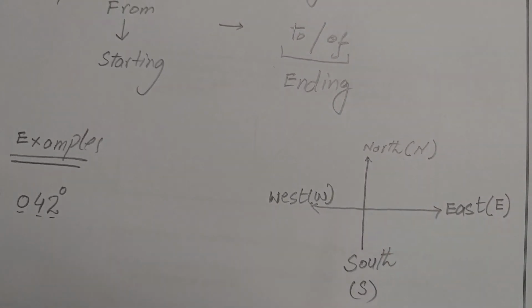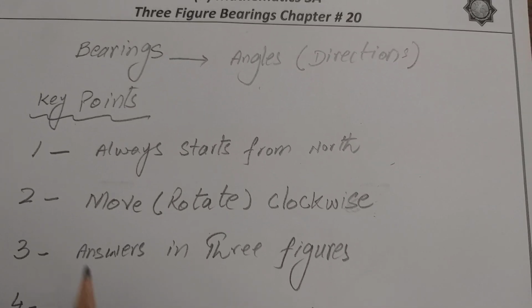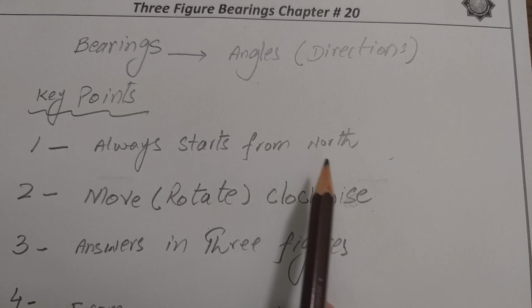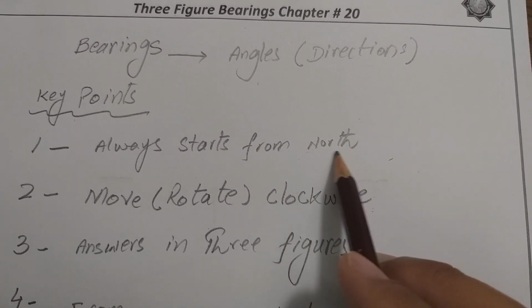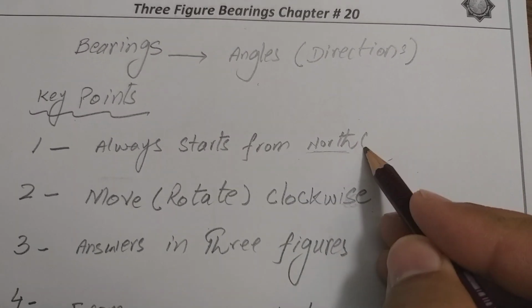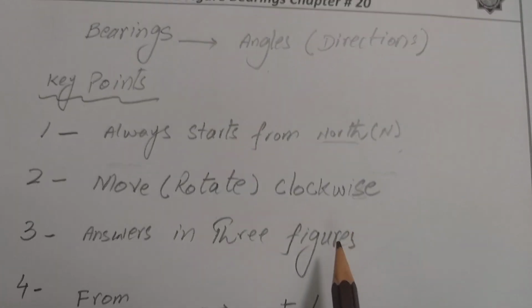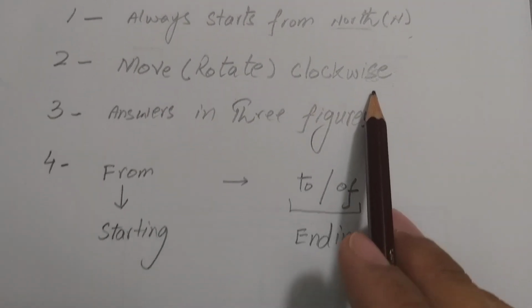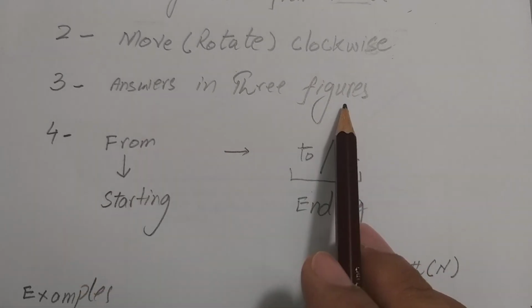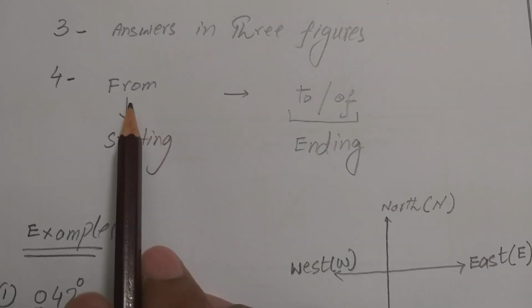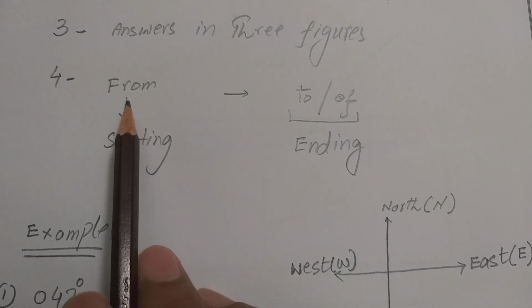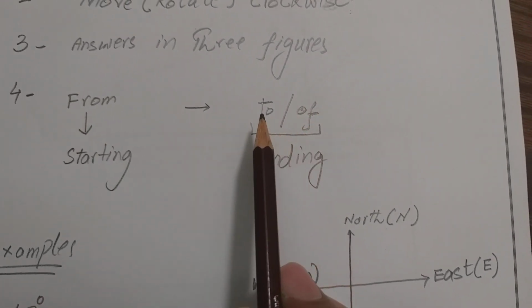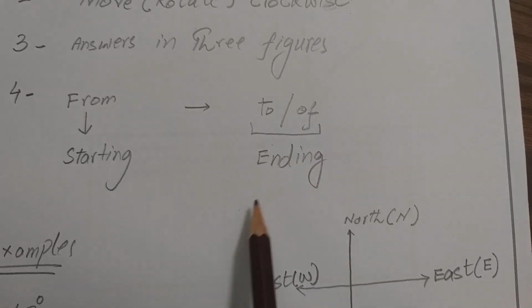So as we have in the key points, every time we start from the north line, and it should rotate clockwise, and the answer should be three figures. Our starting point in the statement should be from, and if there is written to or of, it should be the ending point.